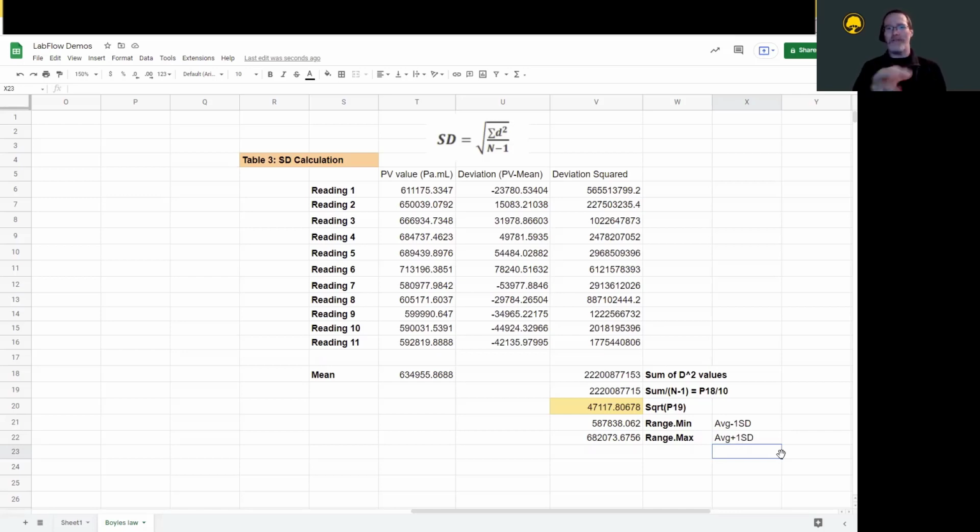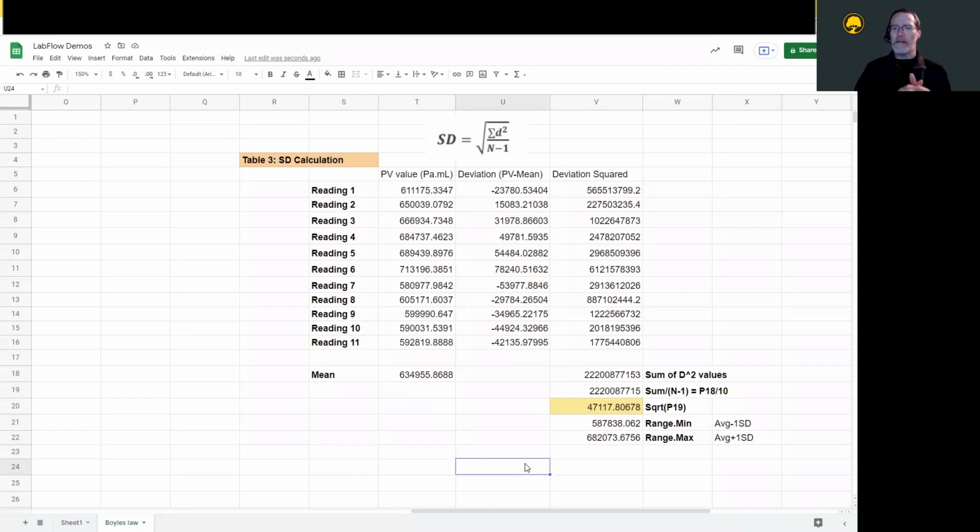We need some sort of a sense of what kind of data set it came out of. So oftentimes you'll see something like 634,000 and change plus or minus 47,000 and change written that way. Sometimes you'll see it written as a range. So here's my average, here's my range, one standard deviation either way.